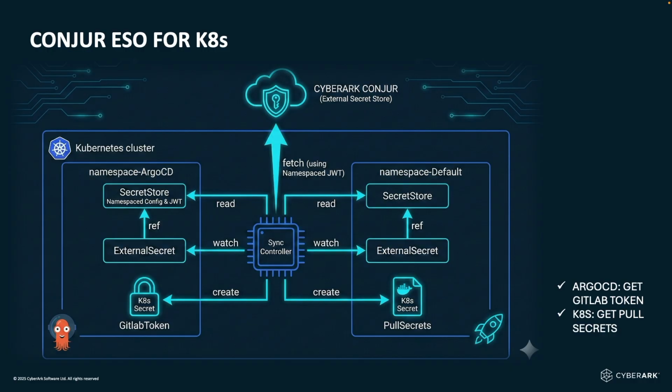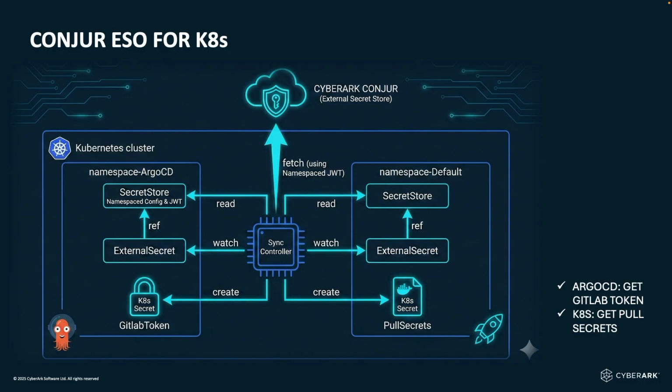And it will connect to the Conjur and get the right secret to update to the namespace there, right? So for example, in my lab here, I have two namespaces, for ArgoCD and for the Kubernetes deployment.